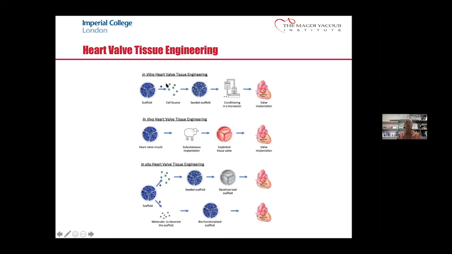And we, in the early days of our project, did a lot of work in comparing mesenchymal stem cells, adipose-derived stem cells, their similarities to valve interstitial cells. And it turned out that adipose-derived stem cells were probably the best candidate. And for a while, we pursued this strategy. But ultimately, it is difficult to then translate this into an off-the-shelf product. And in terms of a commercial enterprise, it would be very difficult to pursue.